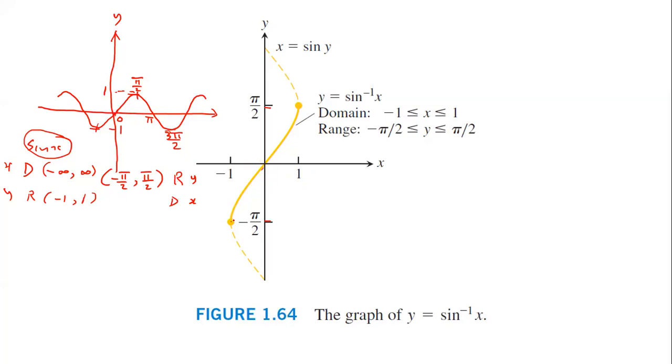And if you do so, you can see that this is the domain. Outside this, we don't care about it. That's why you have dots above pi over 2 and dots below negative pi over 2. So this is the domain and its range.